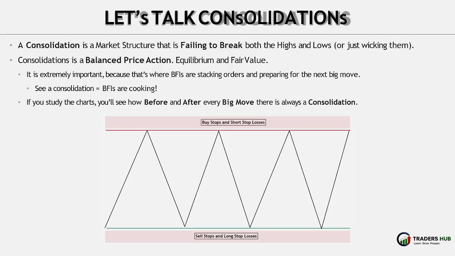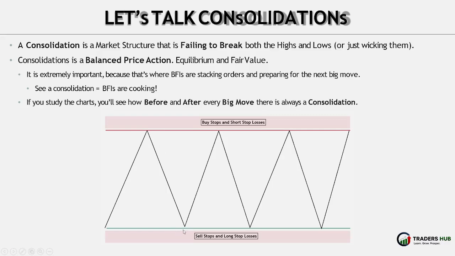When you see a consolidation, just know BFIs are cooking. If you study the charts, you'll see how before and after every big move is always a consolidation, okay, or a continuation. And you can see that price has resisted to break this zone.